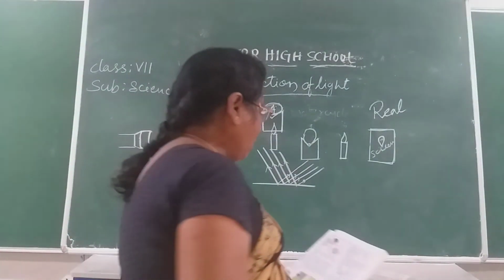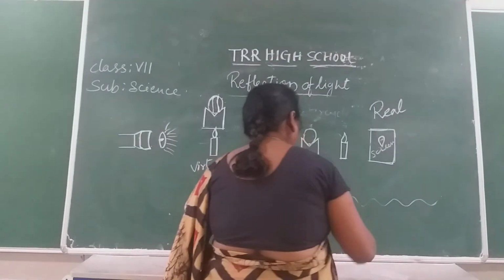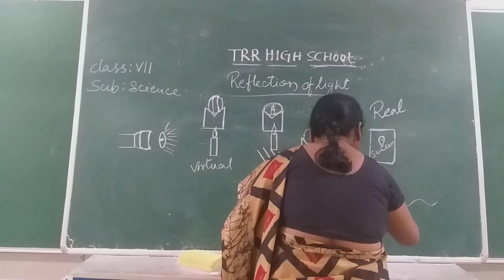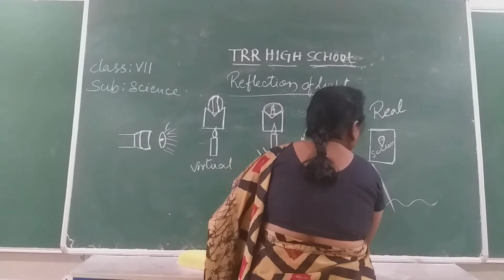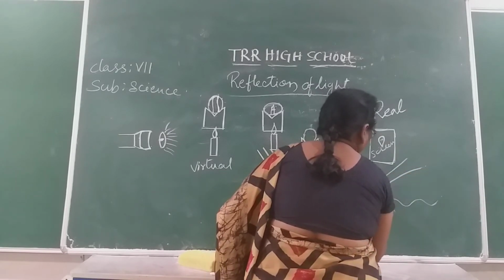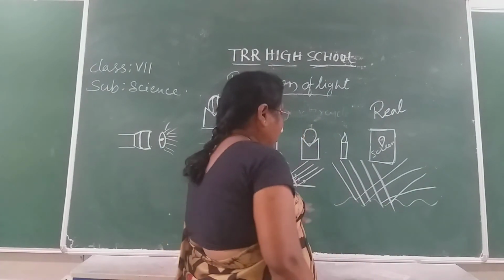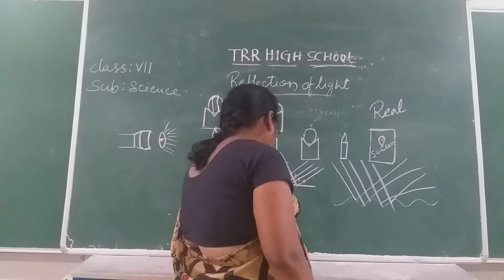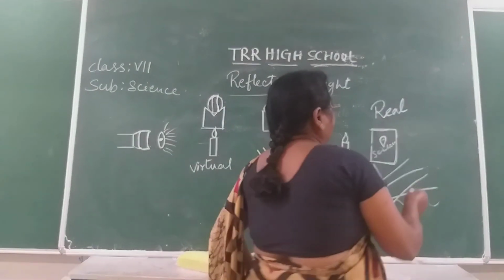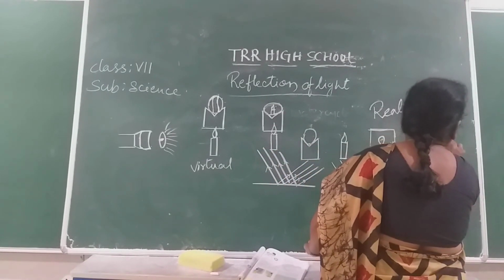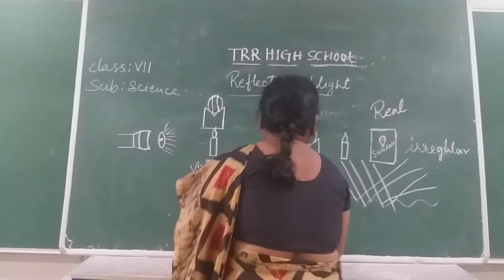Now, reflection from rough surfaces. Just now I gave the example of water. The rays are going somewhere. This is what you call irregular reflection. Reflection from a rough or irregular surface is called irregular reflection, and this is regular reflection.